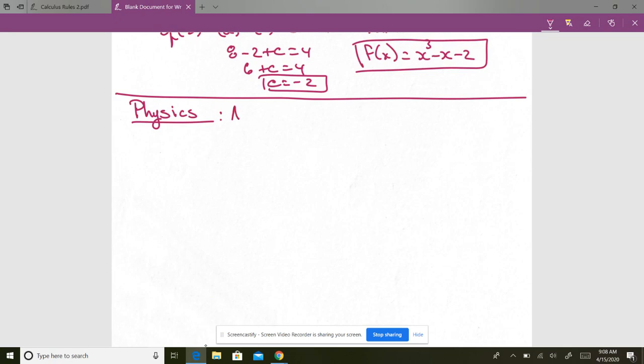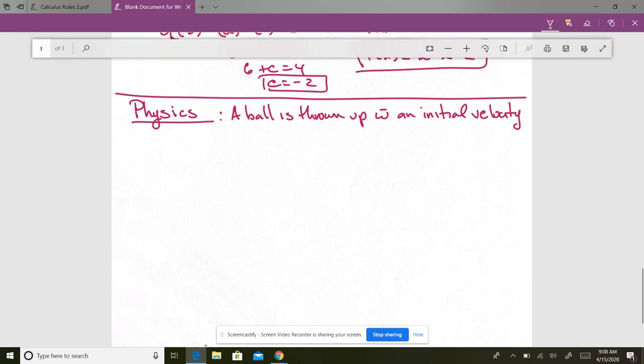So this is basically right out of the book. A ball is thrown up with an initial velocity of 29 meters per second from a height of 40 meters.